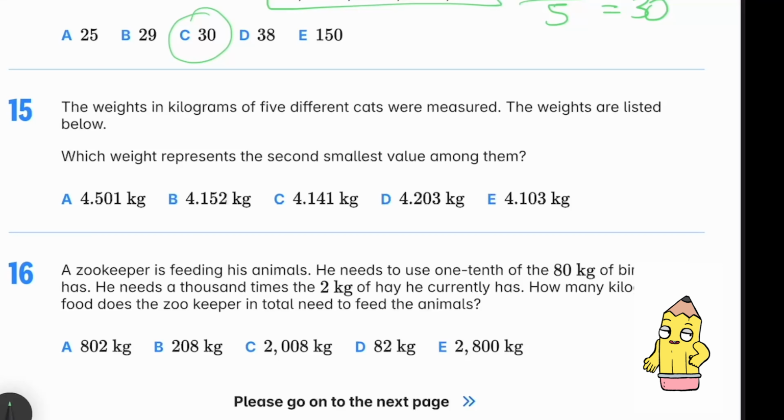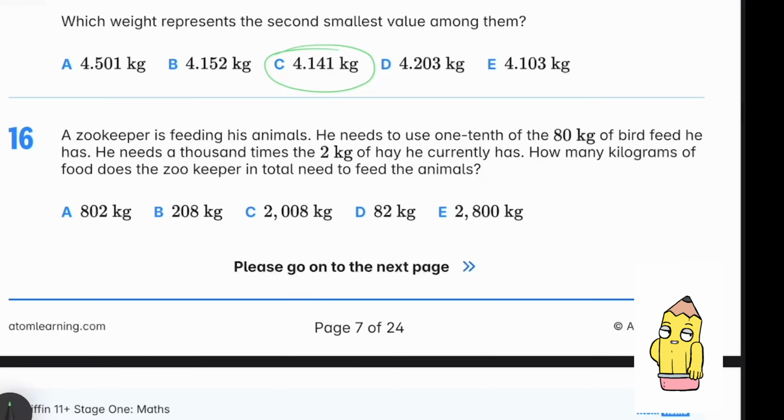So that is out of 0, 4, and 5. So the value with 4 in the hundredths is the second smallest of those with 1 in the tenths column. So therefore, our answer there will be C, 4.141.